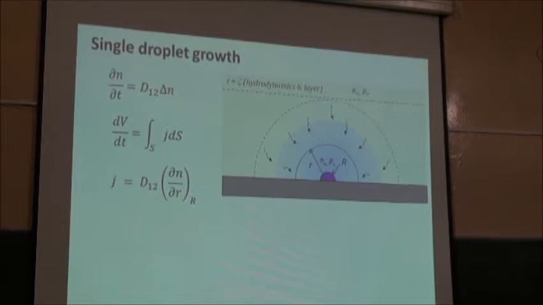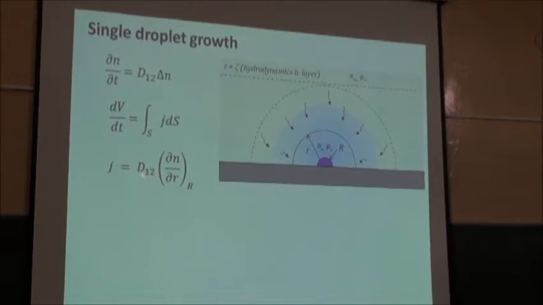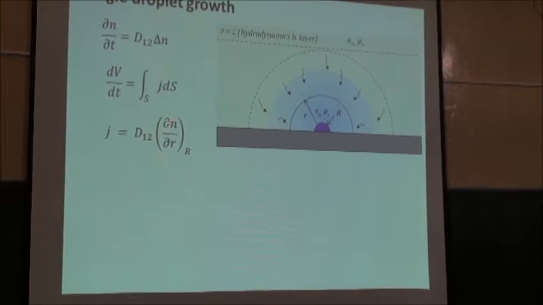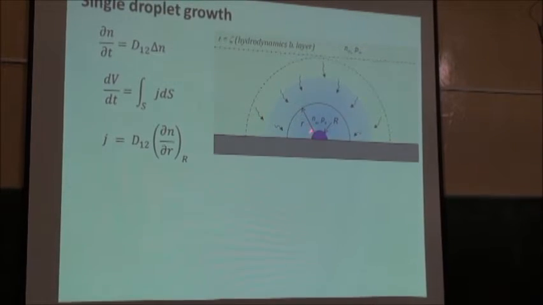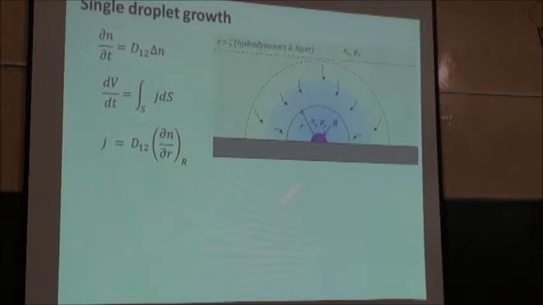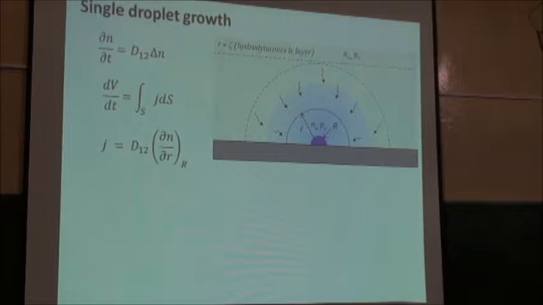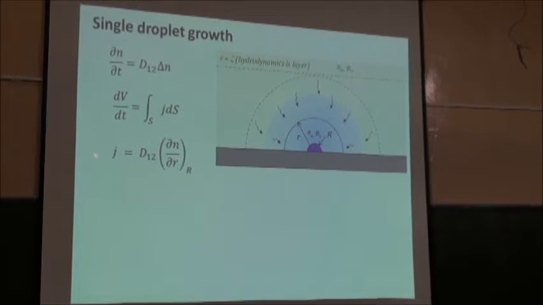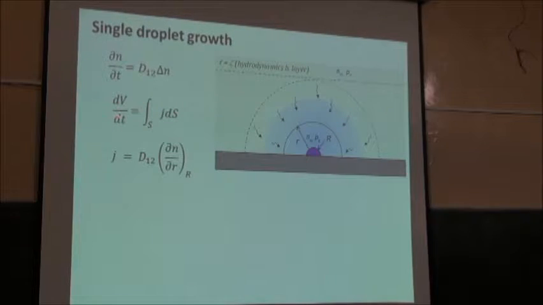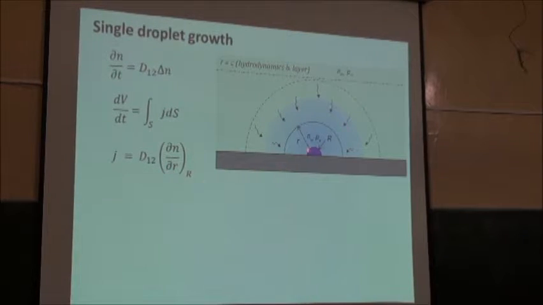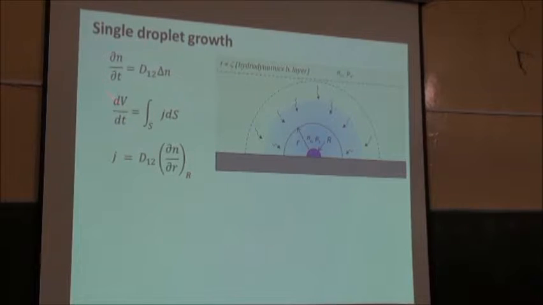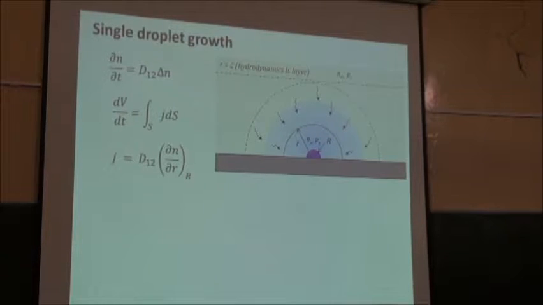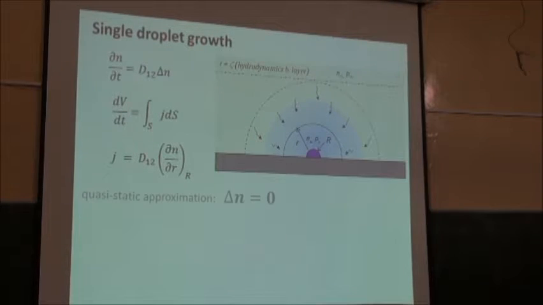And this current can be expressed as the gradient of the concentration at the surface of the drops times the diffusion constant. So in order to get this volume evolution, you need to know dN over dr at the surface of the drop. So you have to solve this equation. So you need the concentration profile.